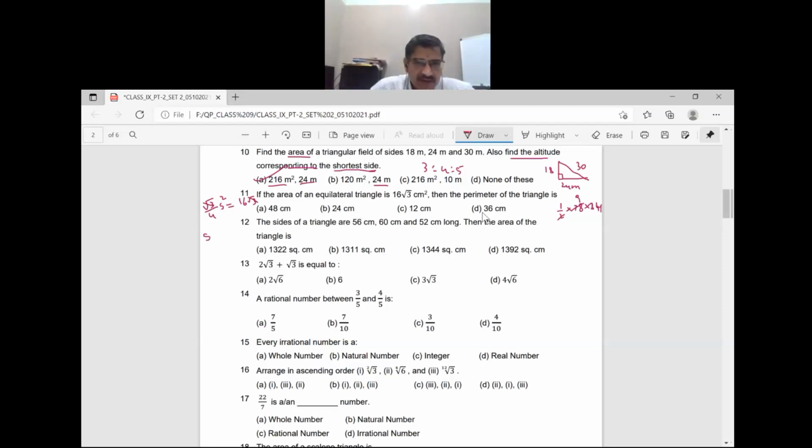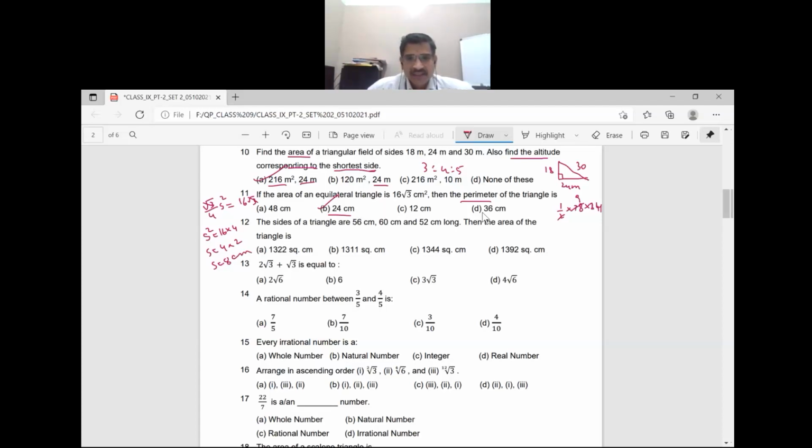So side square equals 16 into 4 and side is root under 16 into root under 4. Root under 16 is 4 and root under 4 is 2. So side is 8. When 8 is the side, perimeter they want: 8 3 times is 24 centimeter, we have the perimeter of that equilateral triangle.